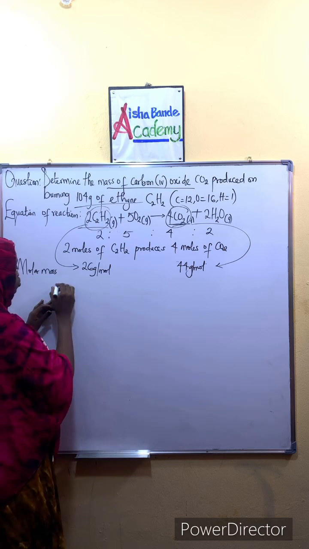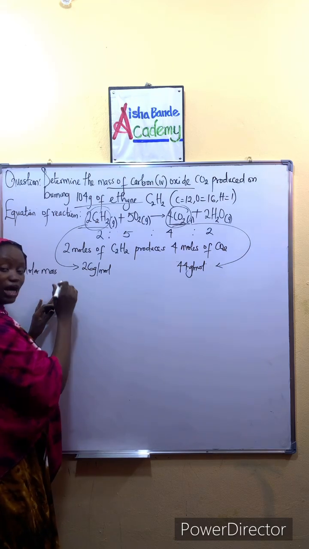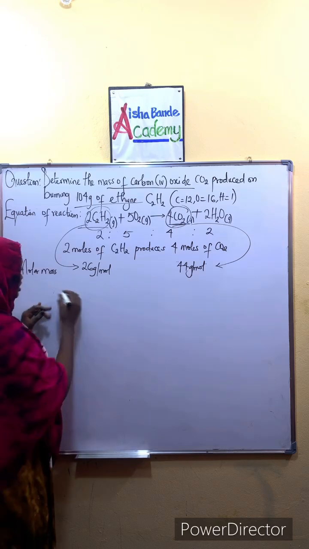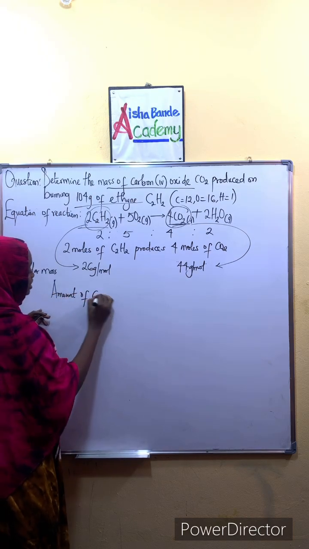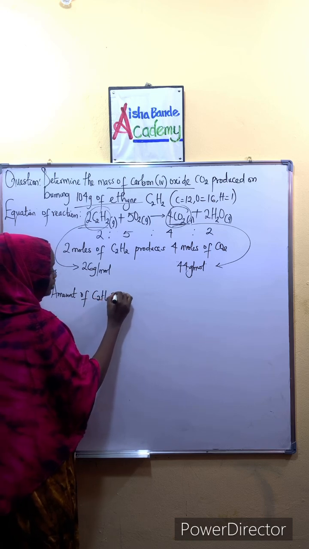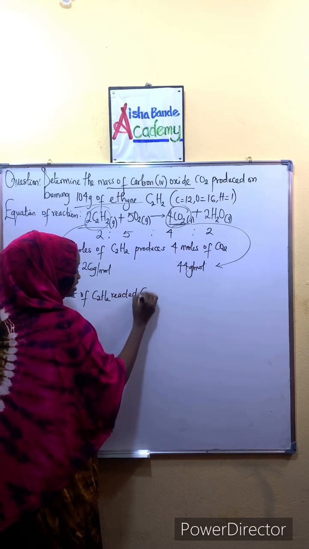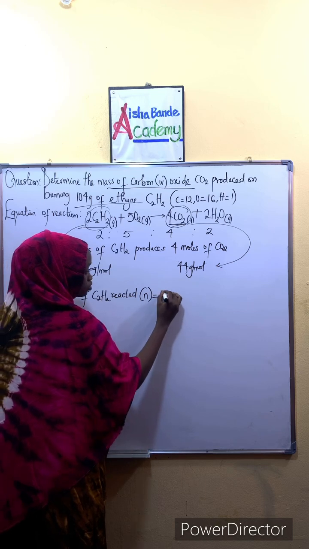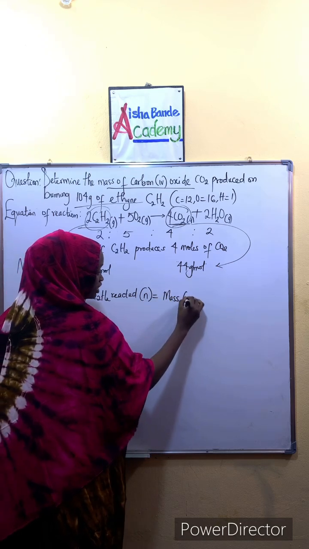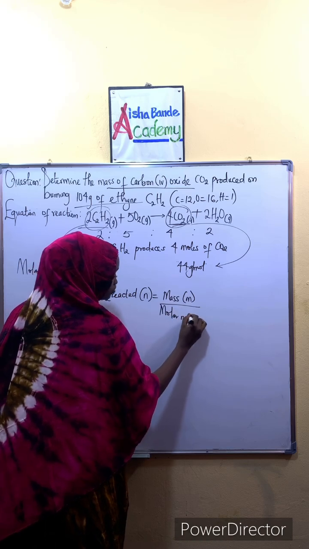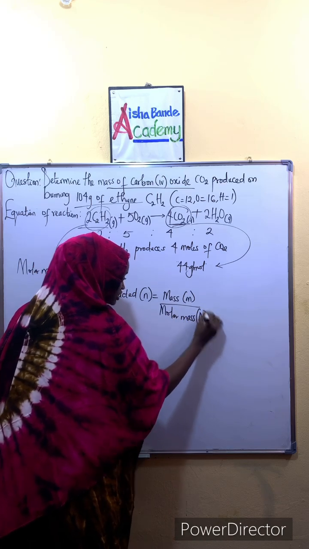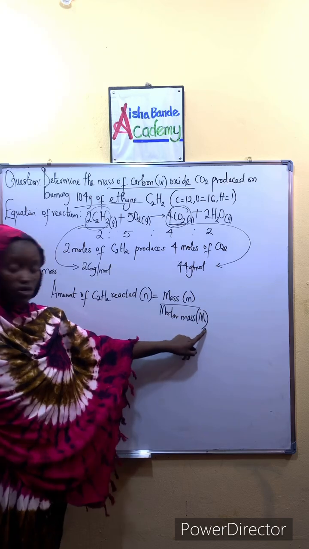The next thing we need to do is to calculate the amount of ethyne reacted. The amount of C2H2 reacted, n, is equal to the mass, m, over the molar mass, M. All of these symbols have been discussed in the previous class.